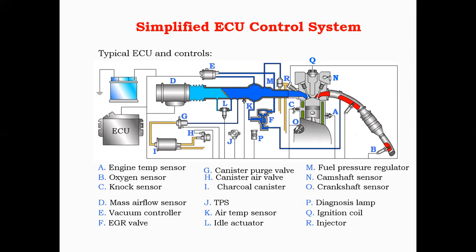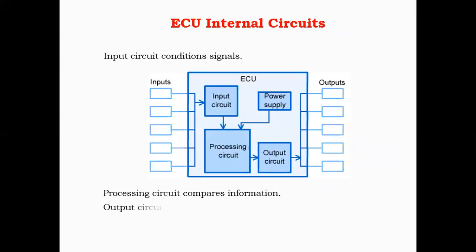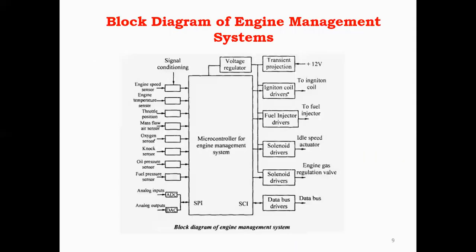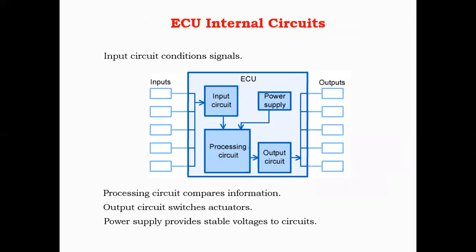We get the data from the sensors, analyze it in the controller, and then give commands to the output unit. So this is the input circuit condition. In the ECU, that is the engine control unit, we have the input circuit, power supply, processing, and output circuit.